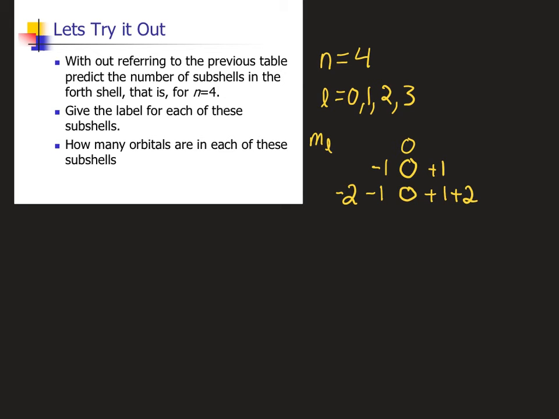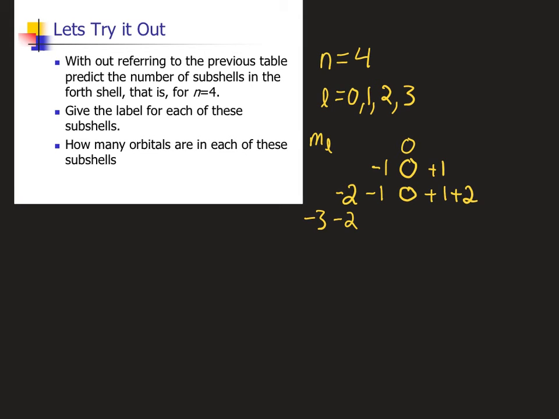And now we have to do the same thing for 3. Its magnetic quantum number, the m sub L value, for 3 is going to start with negative 3. After negative 3 comes negative 2.